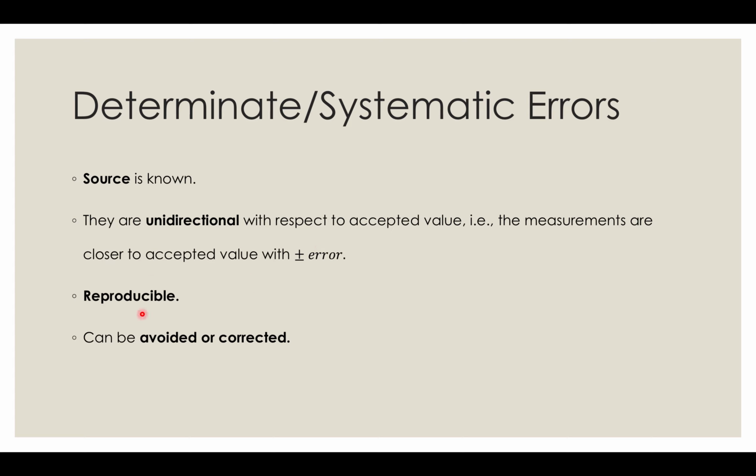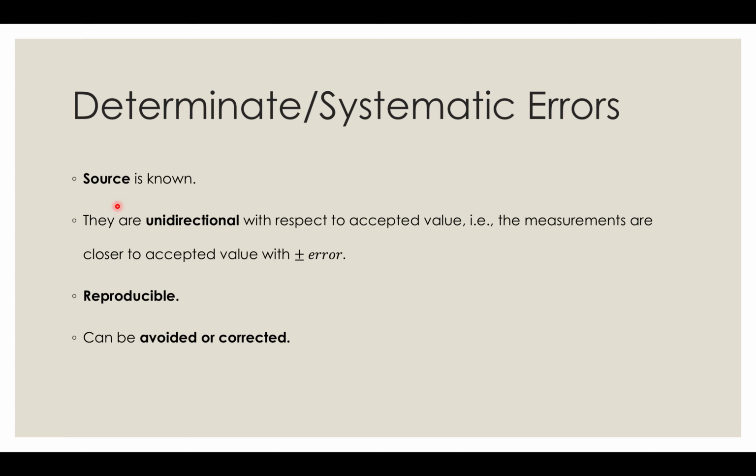Another thing that was noted is that they are reproducible. Obviously, if the source is the same in all the analytical determinations, then those errors will continue to happen till the source is corrected. Further, this part we already discussed when we talked about whether they can be corrected or not.